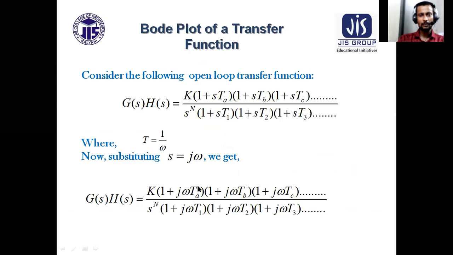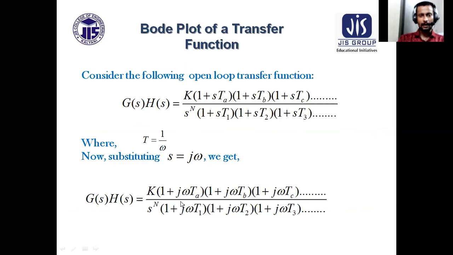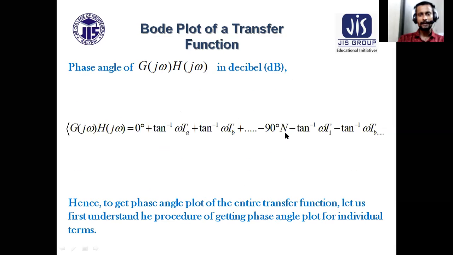So tan inverse omega ta by 1, that is tan inverse omega ta. Similarly, tan inverse omega tb. We'll understand later. I'll show you why s to the power n has a minus 90 degree phase angle. Similarly, the rest of the parts have these phase angles. So these are the phase angles. We'll also learn how to get these phase angles.